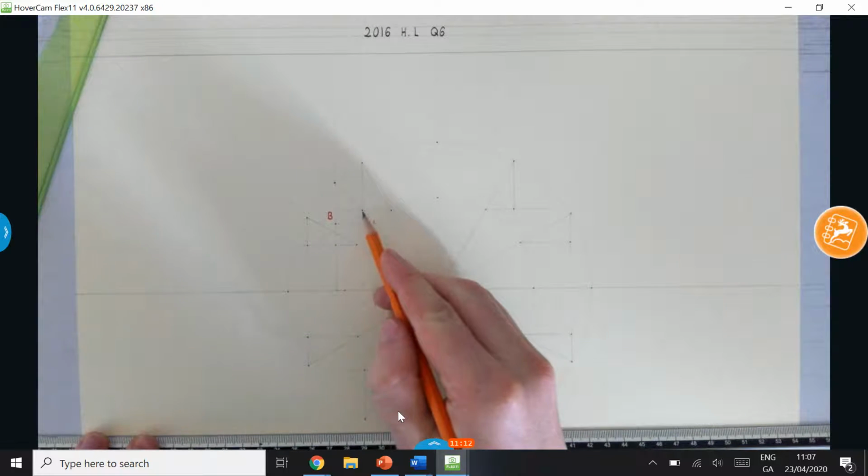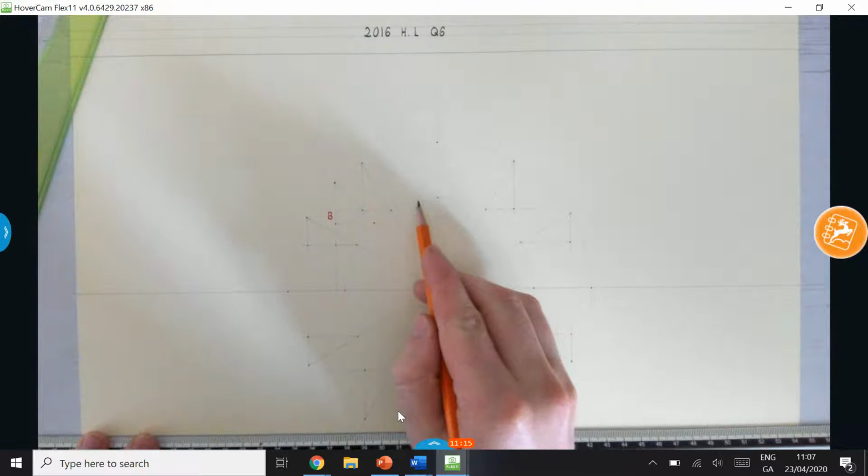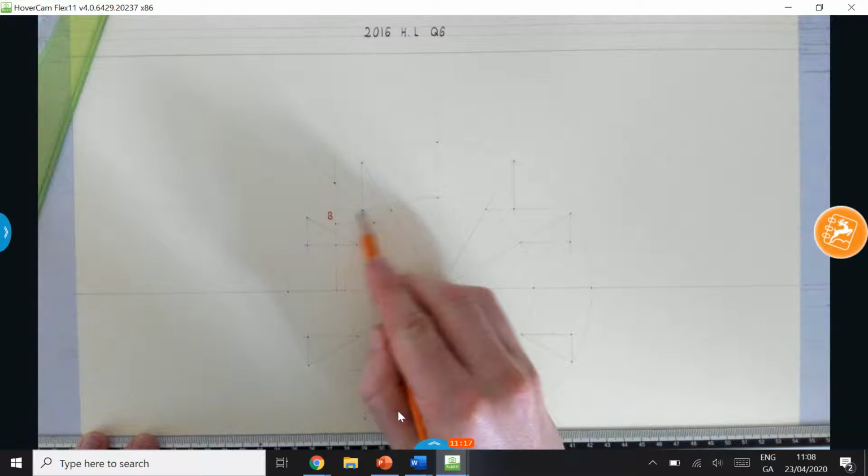So I'm just going to freehand sketch it here, joining up all them points that we just got.